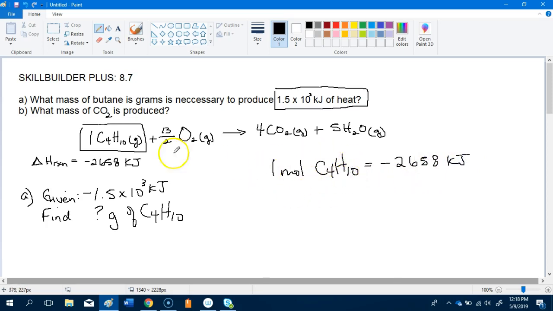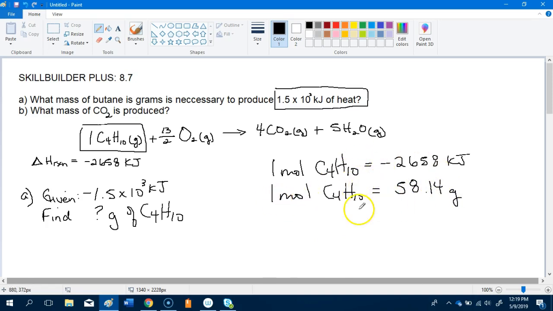So for every mole of C4H10, I get this negative 2,658 kilojoules of heat. And then the other one that I know is my molar mass. I've already calculated this from the periodic table: 4 carbons plus 10 hydrogens gives me 58.14 grams as my molar mass.